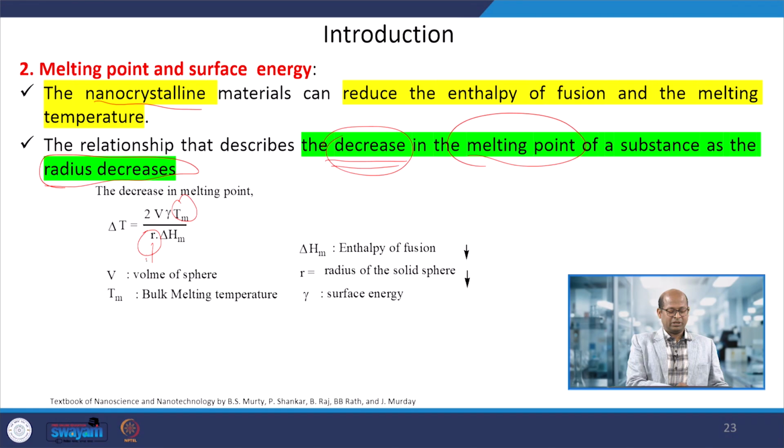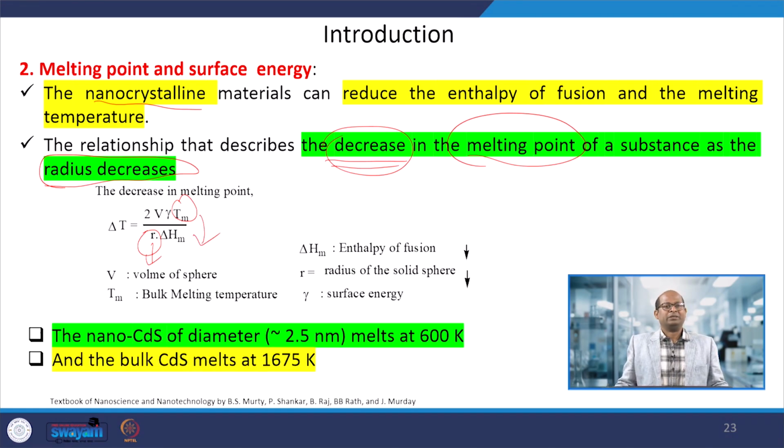If we decrease the radius, the melting point will decrease. Here is one example: nano cadmium sulfide with dimensions of 2.5 nanometers has a melting point of 600 Kelvin. When it was in bulk, the melting point was higher.